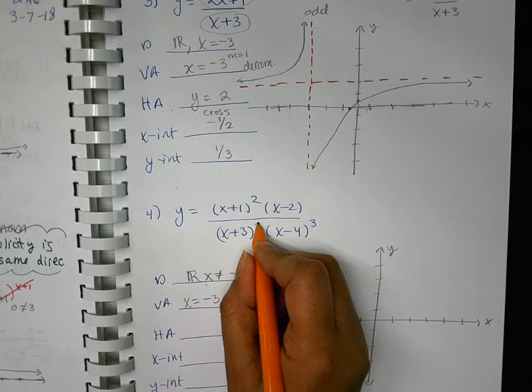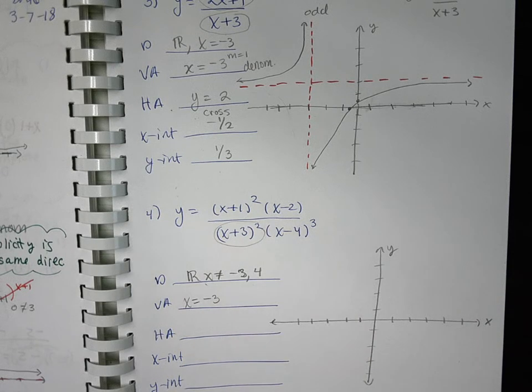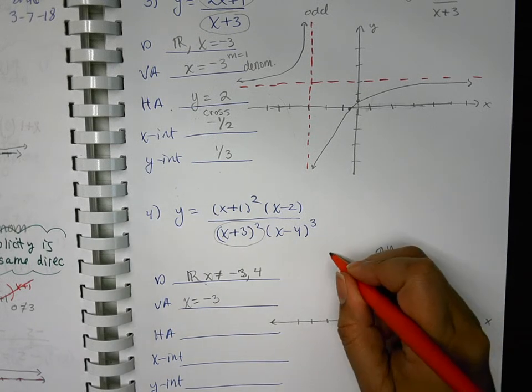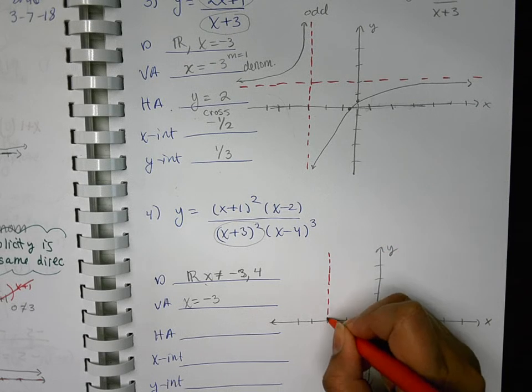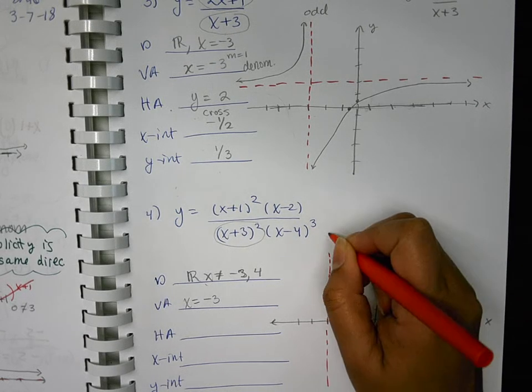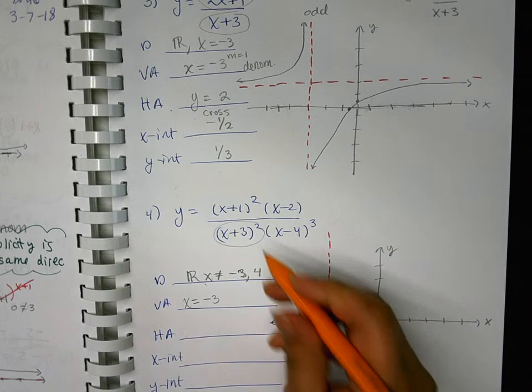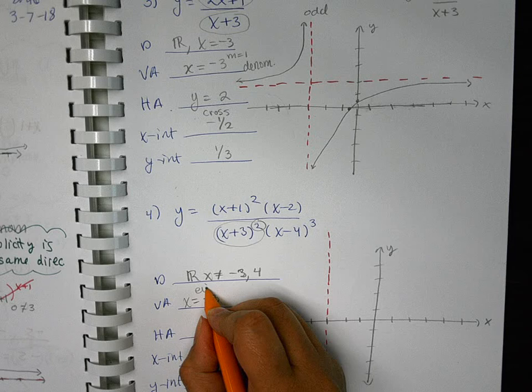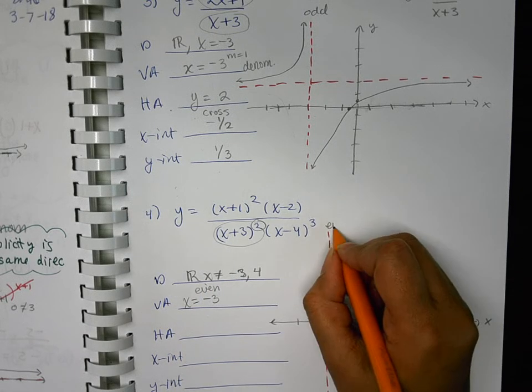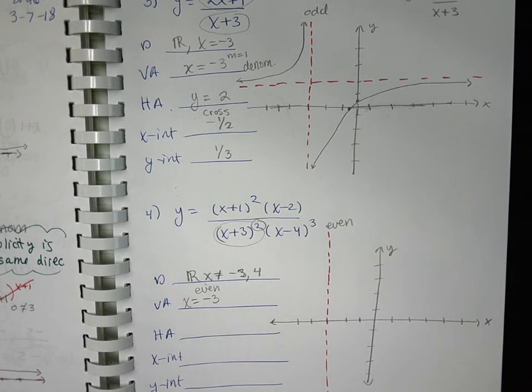When I graph x equals -3, I have to make note whether it's even or odd, and what is it? Even. Why is it even? Multiplicity is 2, so since it's even, I'm going to put even here, and what does even mean? Same direction?